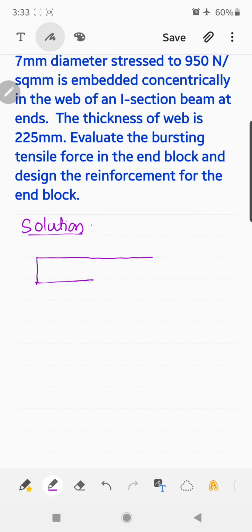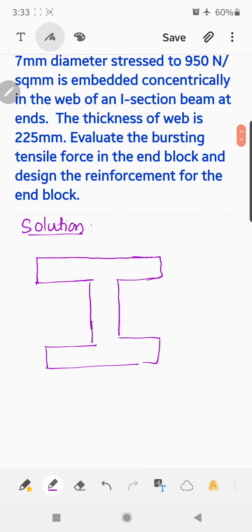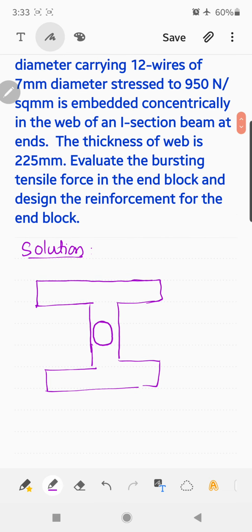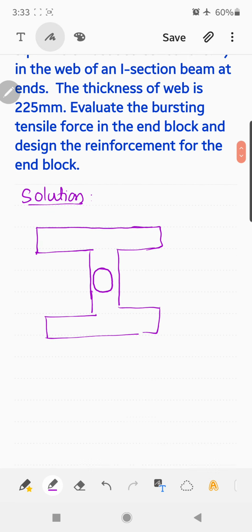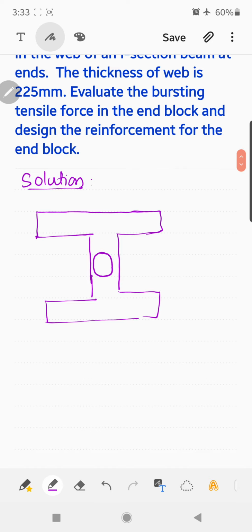This is the I section. The size is not mentioned, but 125 mm is the diameter of the anchorage. So this is the anchor plate, which is circular now, instead of rectangular. And this diameter is 125.